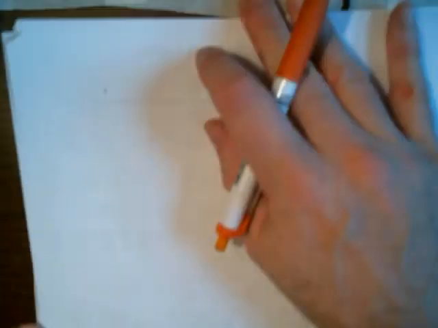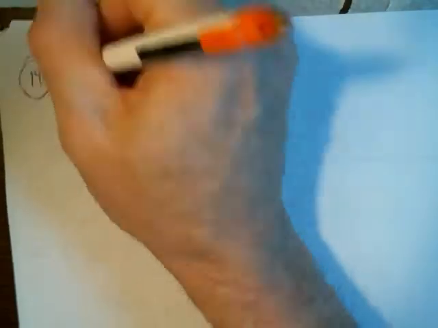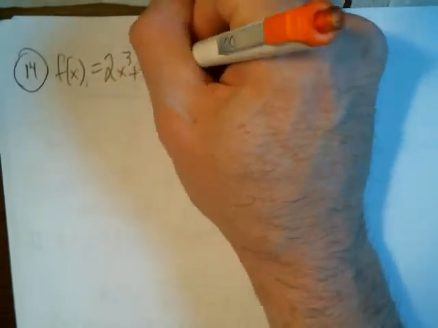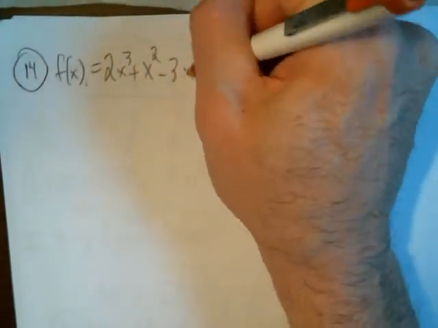Okay, so let's continue on then with another one. Here's 14. And we have f of x equaling 2x cubed plus x squared minus 3x plus 1.